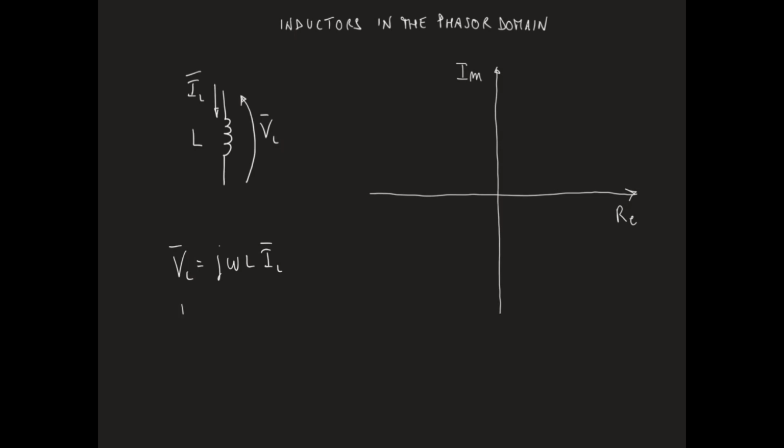Now suppose that IL bar is given by the amplitude B times e to the j phi, the phase phi.